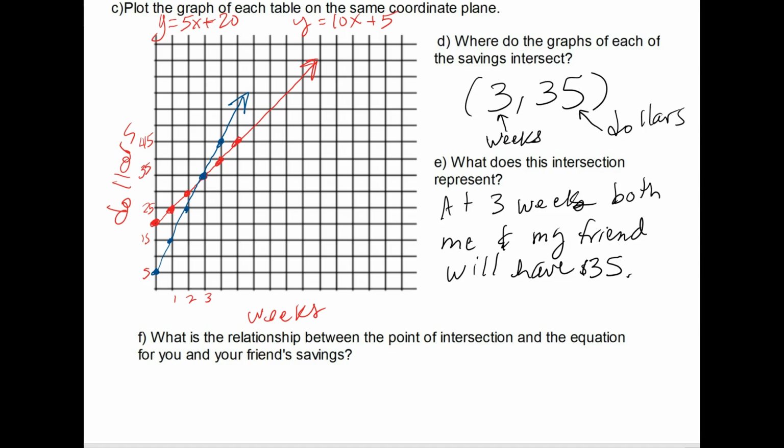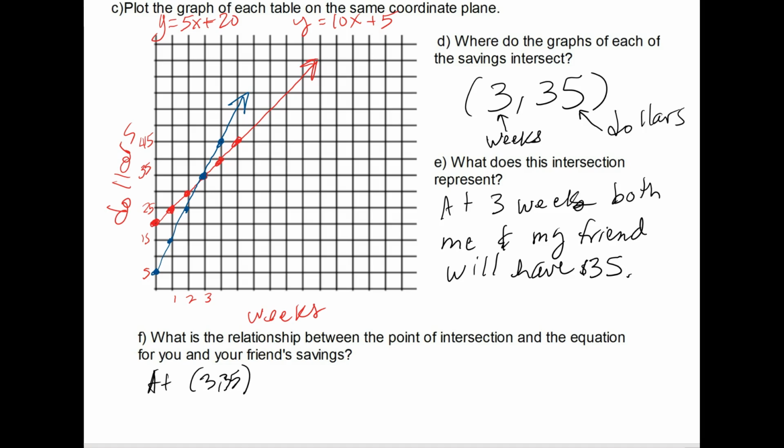What is the relationship between the point of intersection and the equation for you and your friend's saving? Okay, so the relationship is at (3, 35). I kind of phrased this wrong.